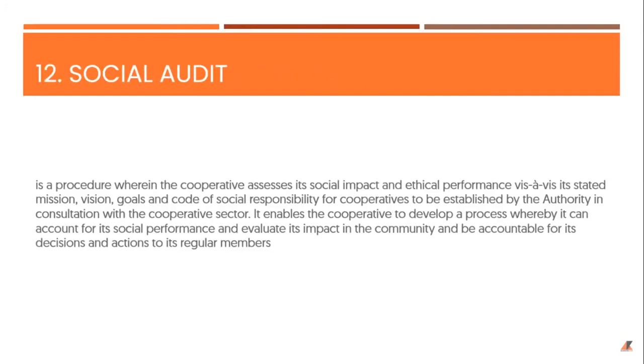So, it is a procedure wherein the cooperative assesses its social impact and ethical performance vis-a-vis its stated mission, vision, goal, and code of social responsibility for cooperatives to be established by the authority in consultation with the cooperative sector. It enables the cooperative to develop a process whereby it can account for its social performance and evaluate its impact in the community and be accountable for its decisions and actions to its regular members.